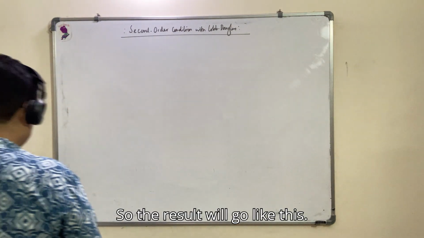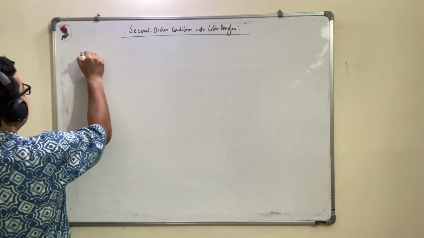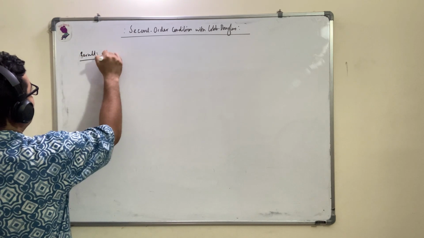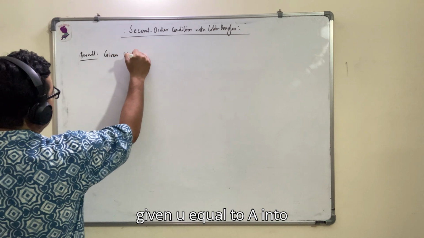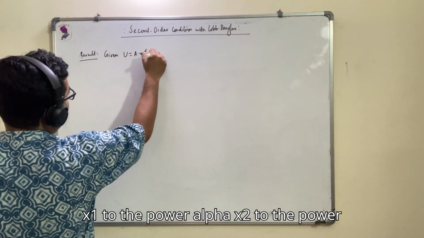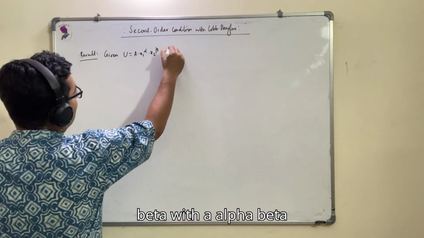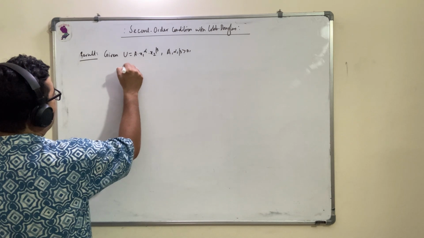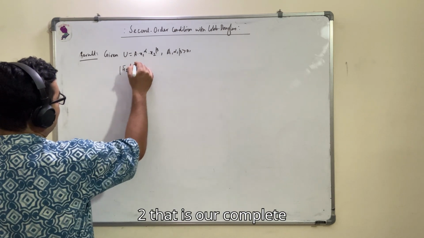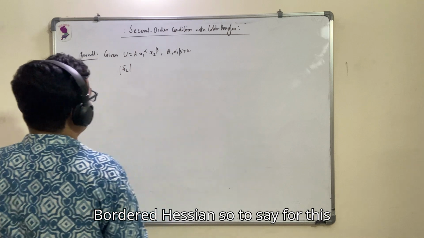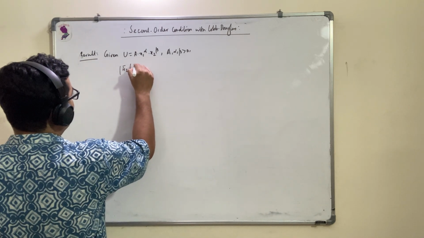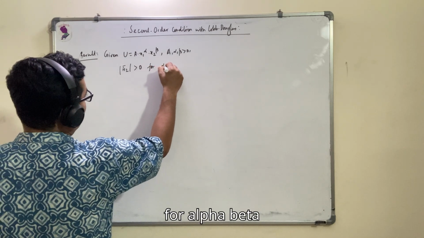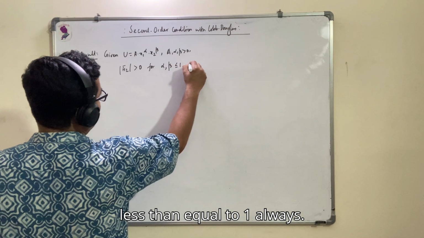Now let us first summarize the result. So the result will go like this. Given u equal to a into x1 to the power alpha, x2 to the power beta, with a, alpha, beta positive, H2, that is our complete bordered Hessian, so to say, for this function is strictly greater than 0 for alpha, beta less than or equal to 1 always.